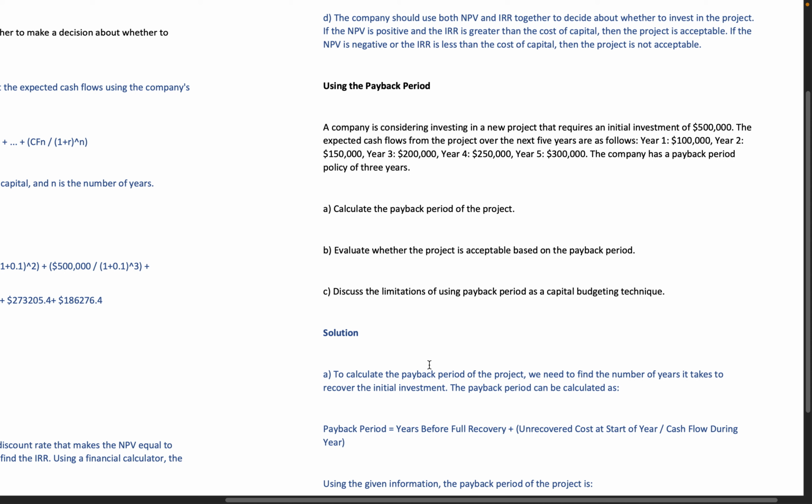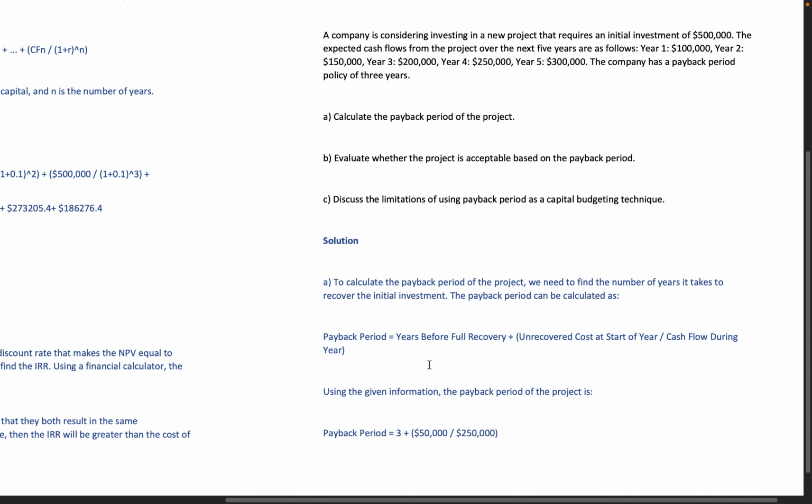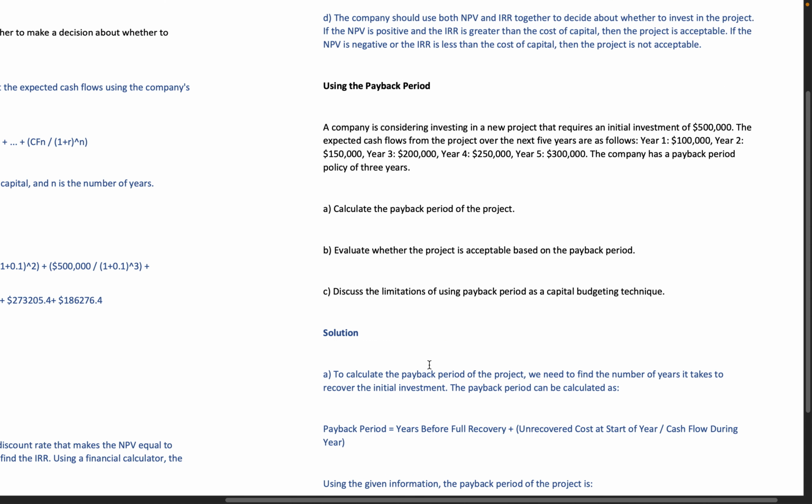So the solution is, obviously, first of all, you need to know how to calculate the payback period. So you count all of those years before the full recovery, and then in the last year, whatever's unrecovered at the start of the year, you divide that by the whole cash flow during the year. So given the information, we get 3 years. Where did we get those 3 years from? Year 1 was 100, year 2 and year 1 is 250, year 3, year 2 and year 1 is 450.